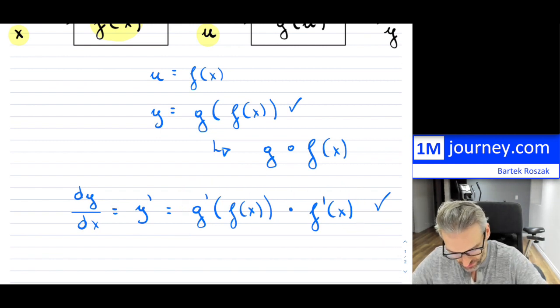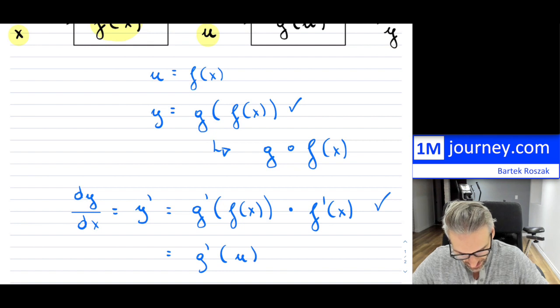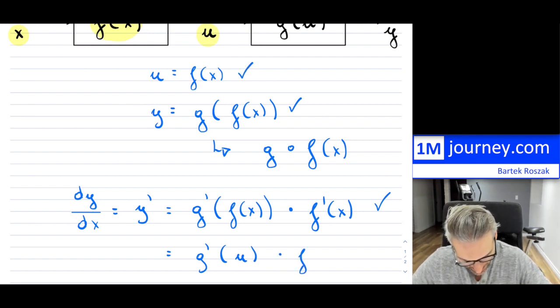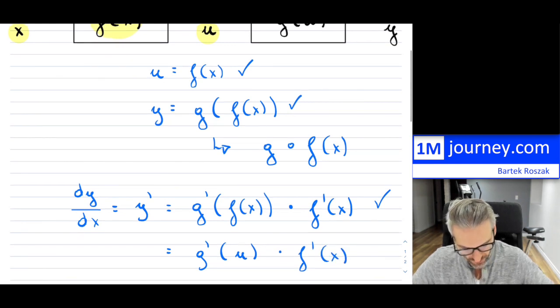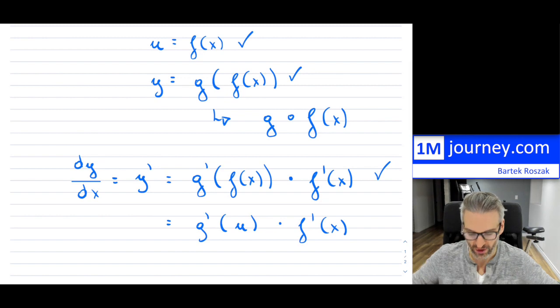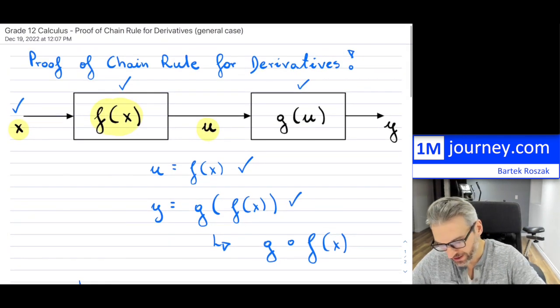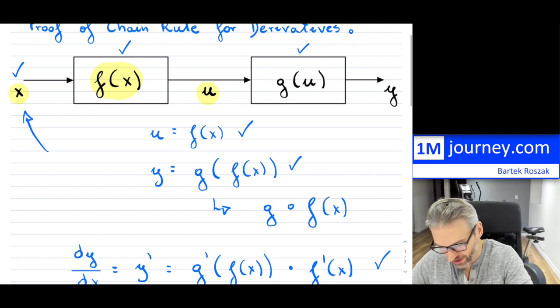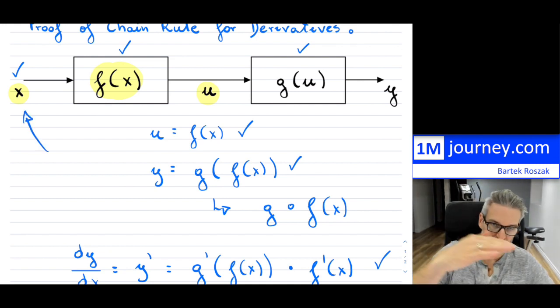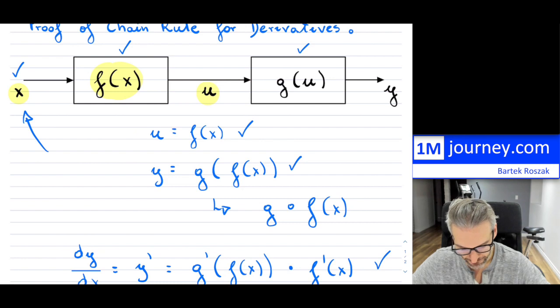Now I'm going to write this result in the following way: g prime of u, because that's what f of x I have defined it as, multiplied by the derivative of f with respect to x. Of course, the whole function is with respect to x because that is our actual input, and it's just being chained along the way.